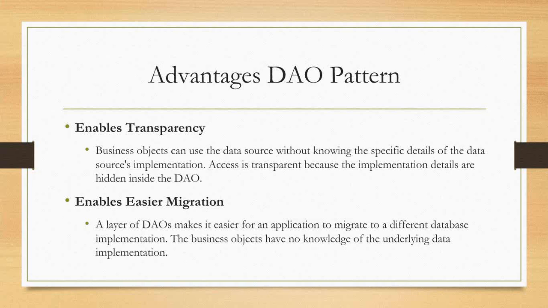The rest of the application will not have any idea or any details about the data source. The DAO provides a complete abstraction over the data source, means the database. So next, see, the access is completely transparent, right? Because the DAO hides the data source details from the rest of the application. They don't have any idea about it.